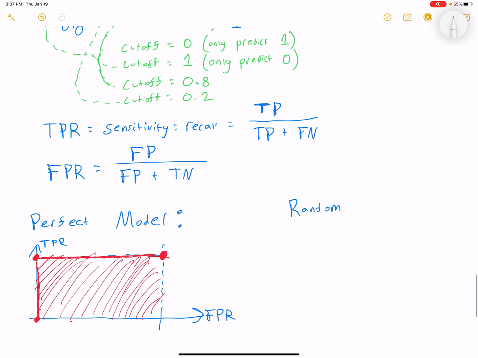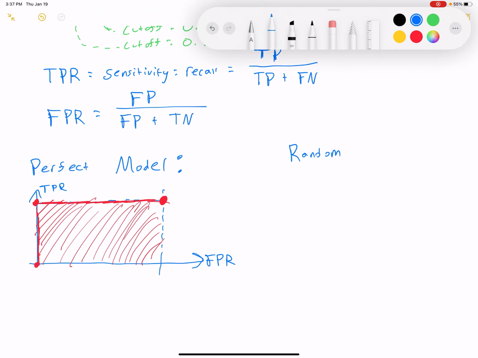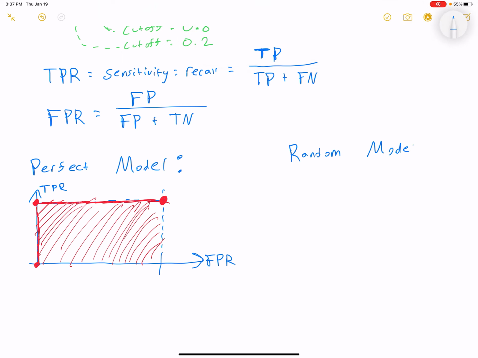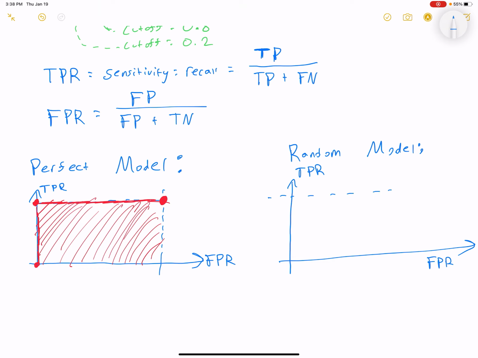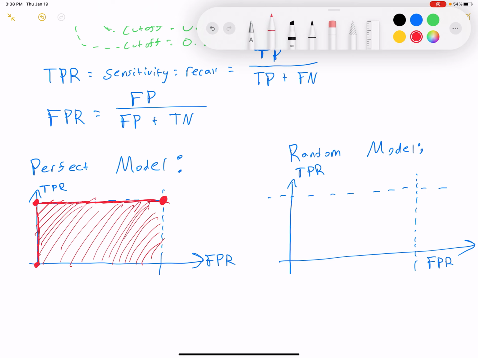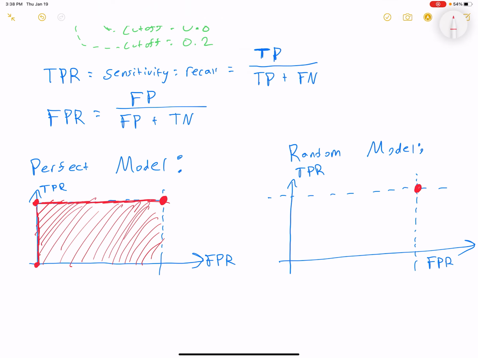So using that, let's go back to what happens with a random model. So in a random model, we have false positive rate, true positive rate. We can't really change what happens when the threshold is 0 or 1, because in that case it's going to be predicting all 1s or all 0s, so we're going to get those same extreme values.